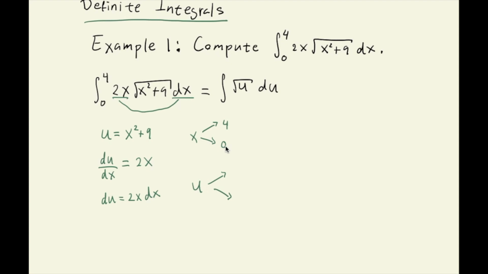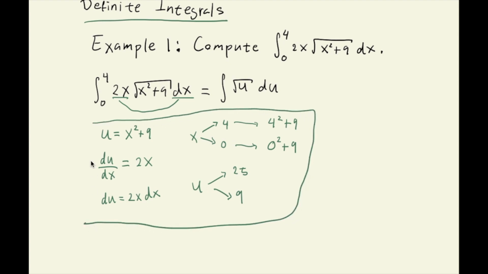When x is equal to 0, plugging into x squared plus 9, you get 0 squared plus 9, which is 9 for u. So u will range from 9 because x was starting at 0. And for the value 4, you get 4 squared plus 9, which is 16 plus 9, which is 25. So that's the top of the integral now. So you can box here your u substitution.